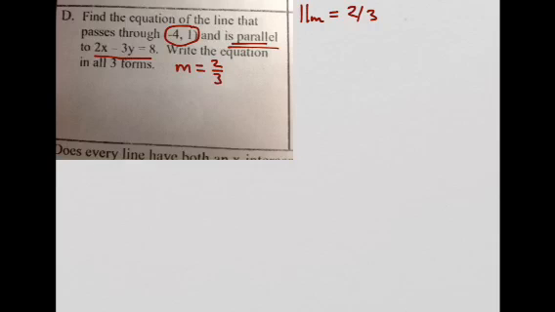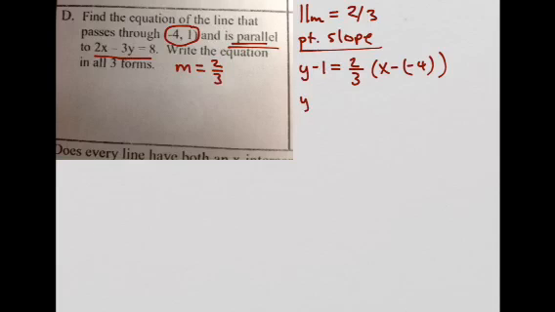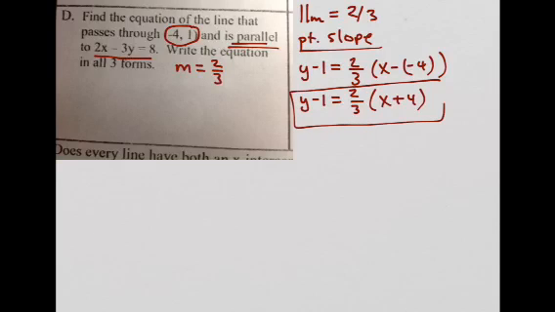So I'm going to write it in point slope form first. So it's going to be y minus y sub 1 equals the slope times x minus x sub 1. So that's y minus 1 equals 2/3 times the quantity of x plus 4, and that would be the equation in point slope form.